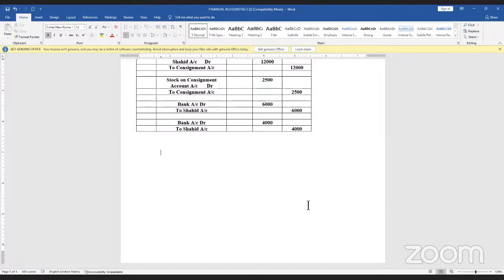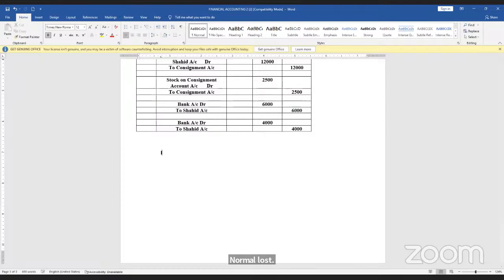Please note down normal loss and abnormal loss.